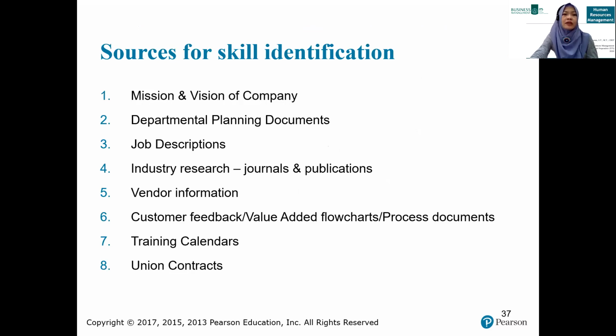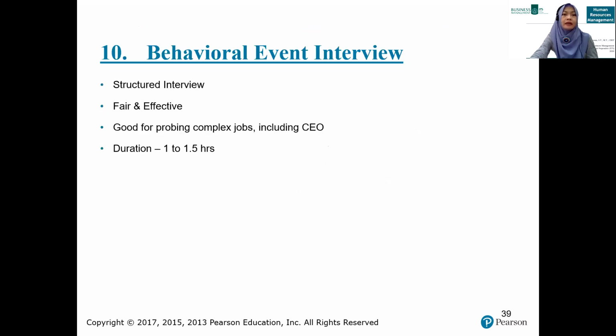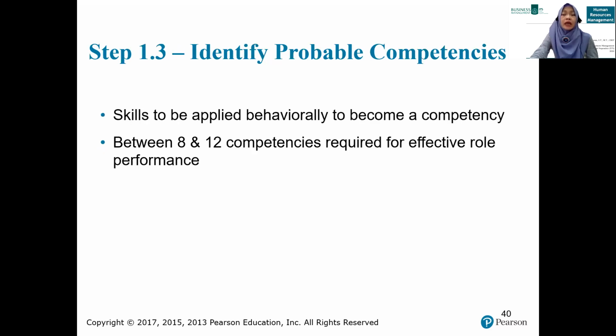Okay, sources for skill identification can be everywhere. Or you can do a behavioral event interview as well. It's a bit of an advanced technique, so I won't discuss it in any detail for now. You can find out yourself if you like to. Okay, because we are talking about competencies, remember, now we are going to identify probable competencies or possible definitions of competencies.